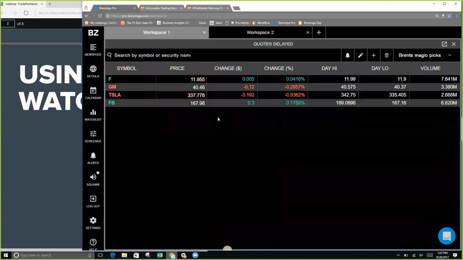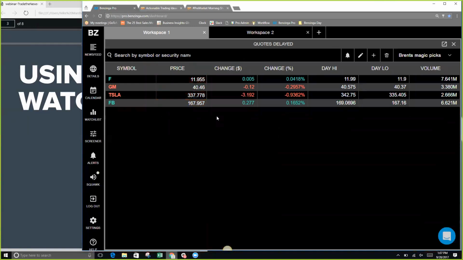Cool. So you're seeing trading happen right here. You're seeing live trades happen. The quotes are delayed by about 15 minutes or so right now. However, these are real trades that are happening. How you can be using your watch list is, you're seeing the action happen here. Basically what you can do is keep the watch list open throughout the day.